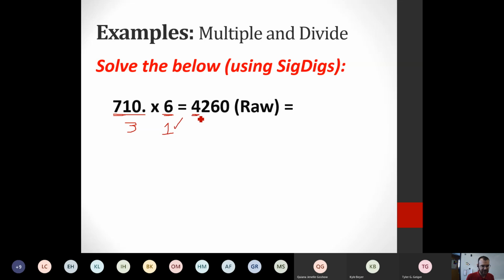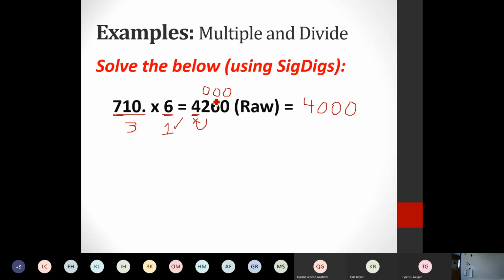So there's my 1 digit. The 2 is not strong enough to round up, because yes, rounding's a thing. And that means our answer is just going to be 4,000, because we need our placeholders for each of these numbers that we don't care about. They are important, even if they are not significant.